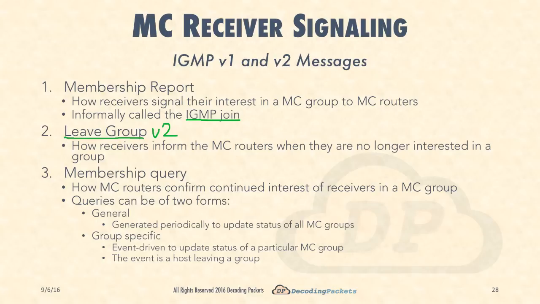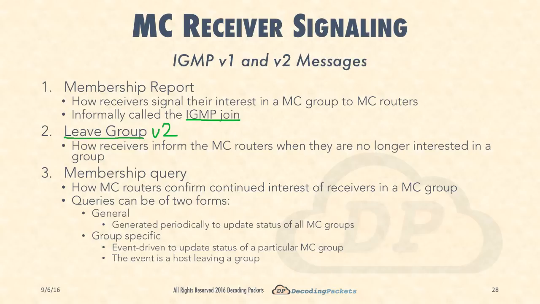But even otherwise, suppose a multicast receiver just dies in its tracks. It could never send the leave group message, and it just turns off without sending anything. How would you ever know that the group doesn't really need to be sent there anymore? That's where the multicast membership query helps us. There can be two forms of queries.